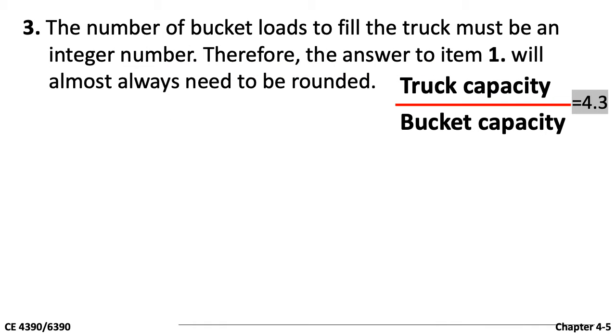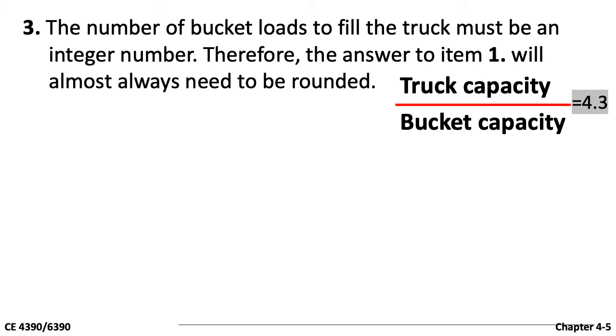The number of bucket loads to fill the truck must be an integer, so it will almost always need to be rounded. For example, if you got 4.3, you need to round it up to 5 or round it down to 4.